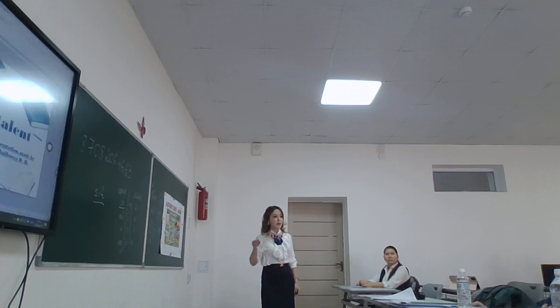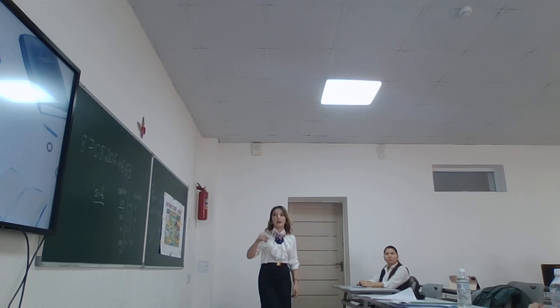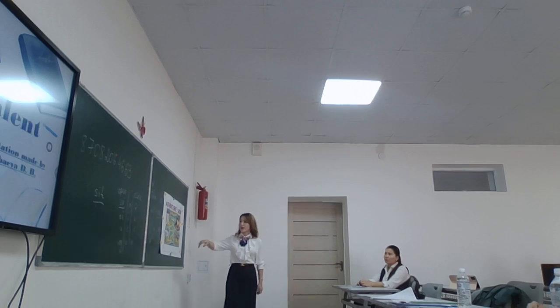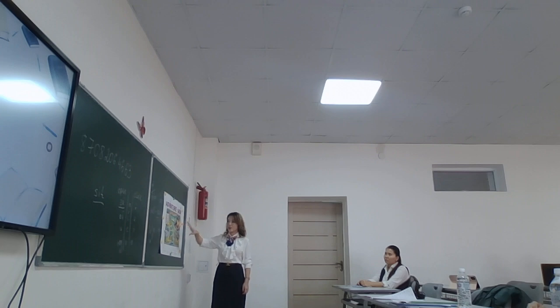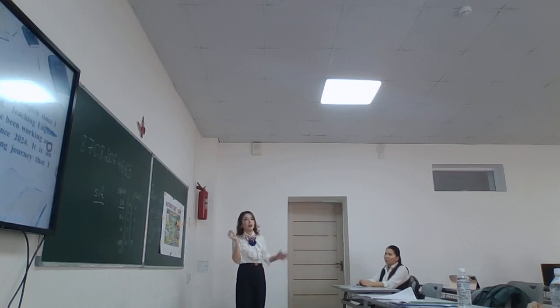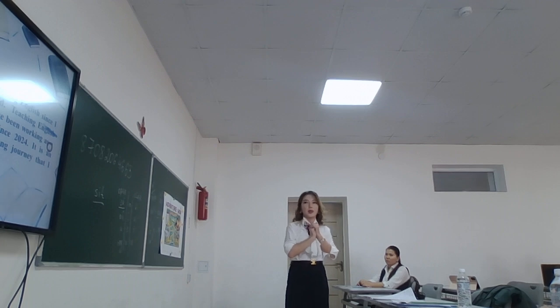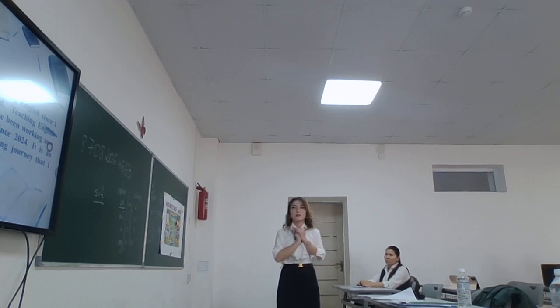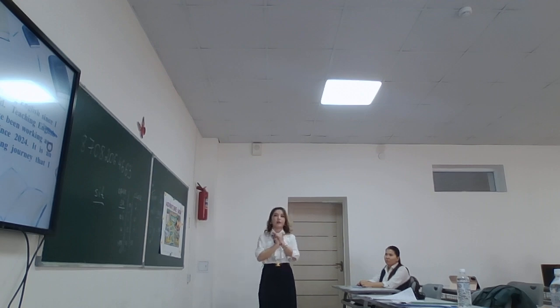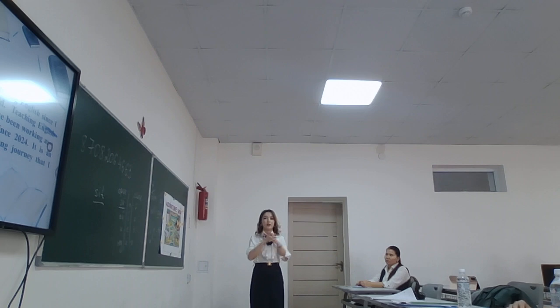I can divide the group, and they can work with each other together, and then they can go to the final. It helps to increase their speaking and sentence completing skills.